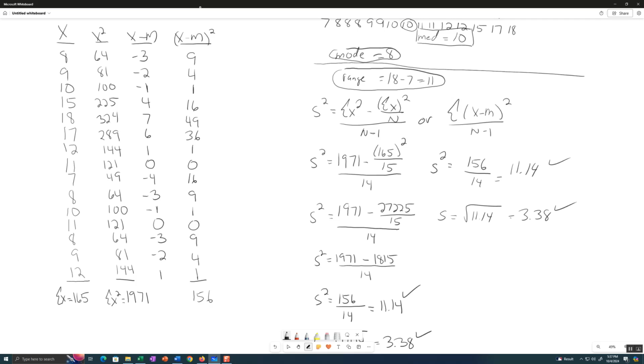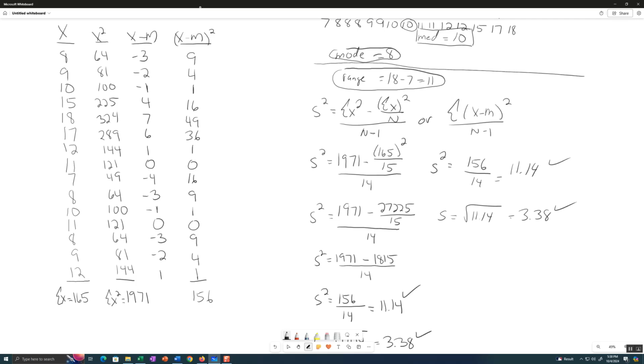Now remember that if you have a whole number, an integer, as the mean, then the second way, this deviation scoring method, is probably easier. If you have a decimal as a mean, then the first way, the computational method, is probably easier. So keep that in mind. Now I don't care which way you do it. You could do it either way.